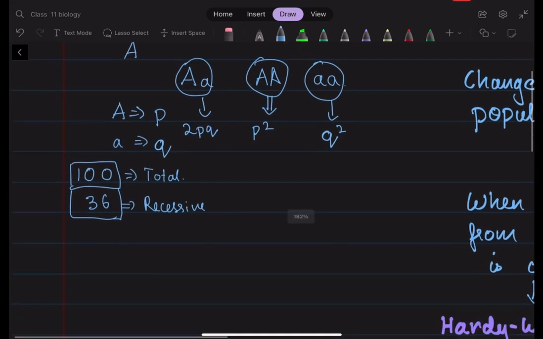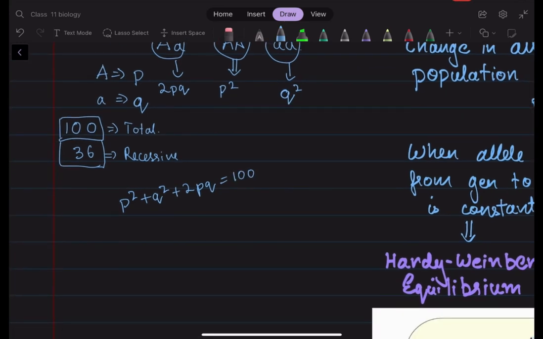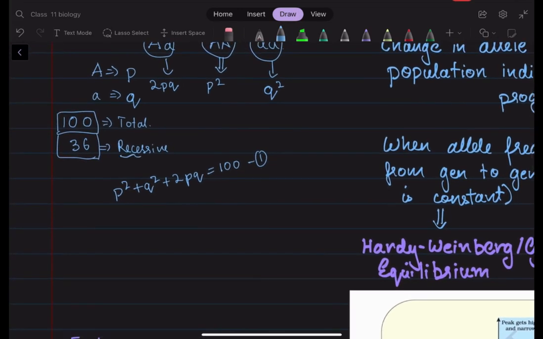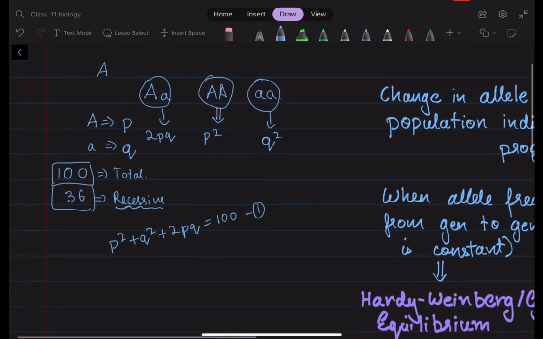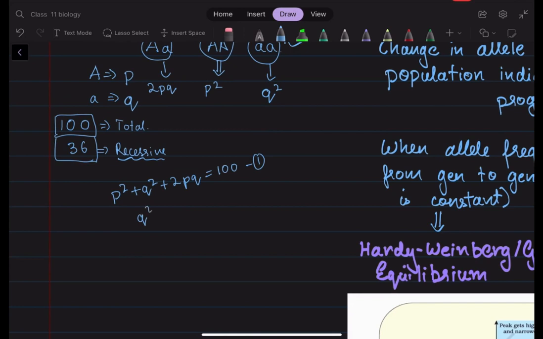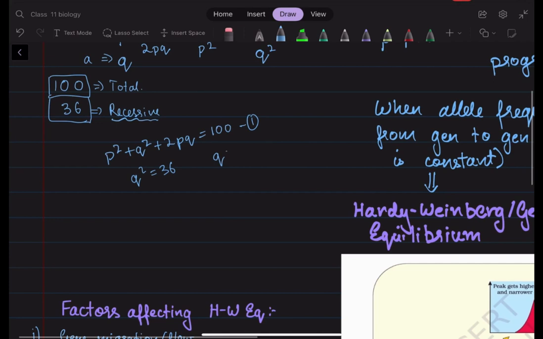Now, we know that the entire population is P square plus Q square plus 2PQ, that is equal to 100, right? So this is our equation 1. And we have the recessive members given as 36. Now here, which one is recessive? Obviously this one. So they have given us that Q square is 36. If Q square is 36, Q will be 6, right?